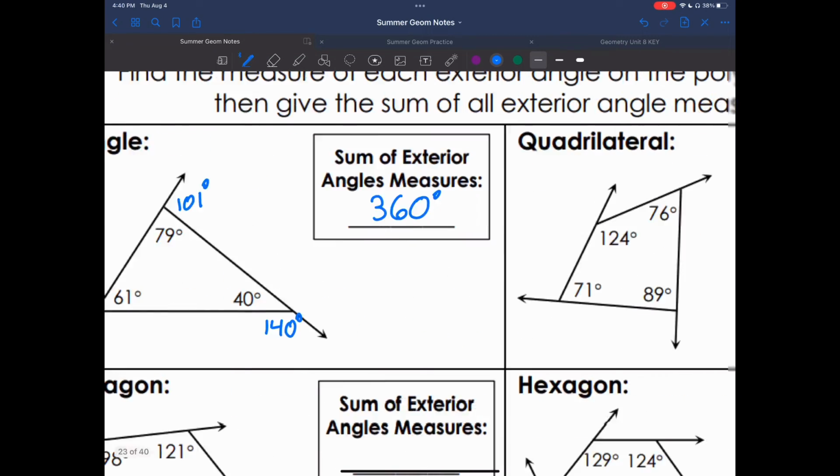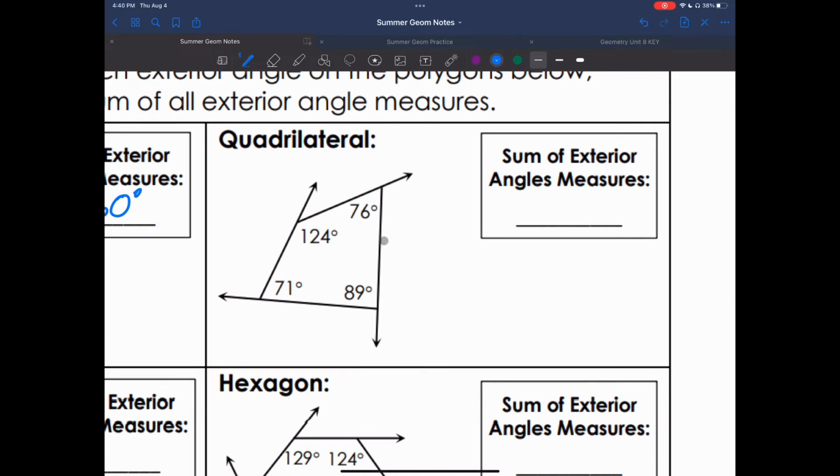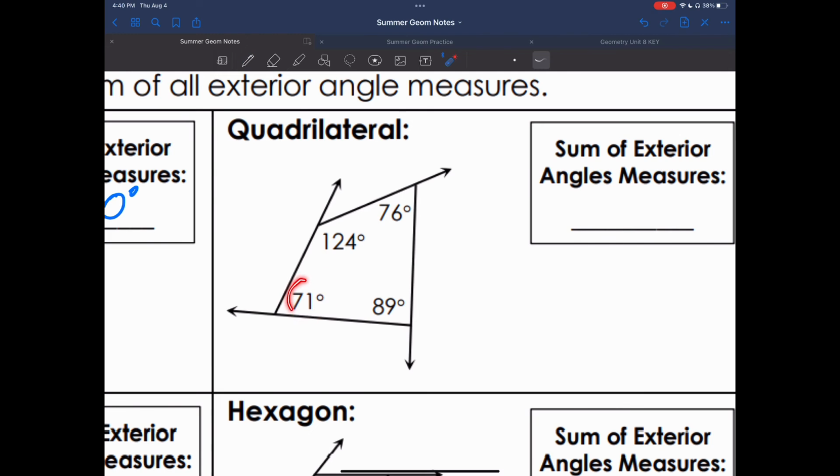Let's test it out for a quadrilateral. Okay, so same thing. We're going to go to each of the 4, because it's a quadrilateral. It means 4 sides, which also means 4 exterior angles. Let's find each individual one. So you're going to do 180 minus 71 right here. So that would be 109 degrees. Let's go over here.